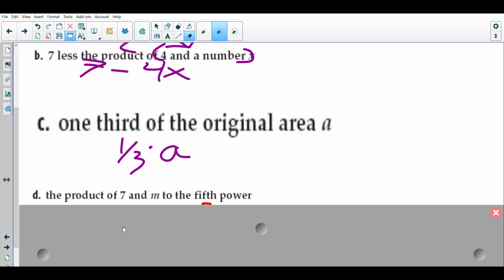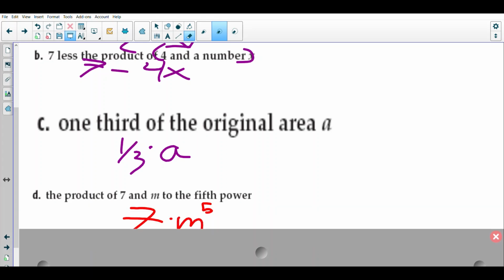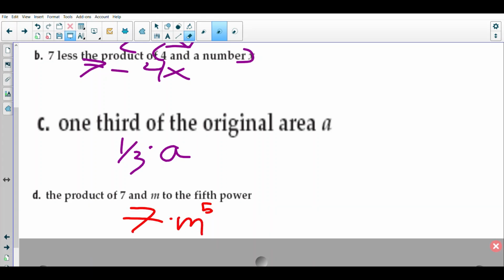Depending on how you word it, but I believe they want to say 7 times m to the 5th power. That one can be a little tricky depending on the wording.